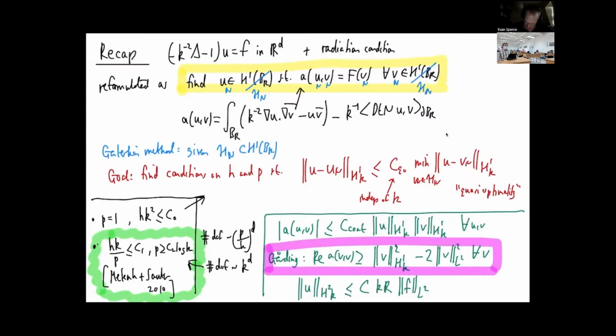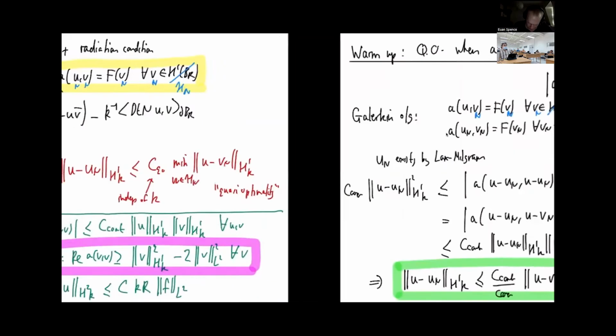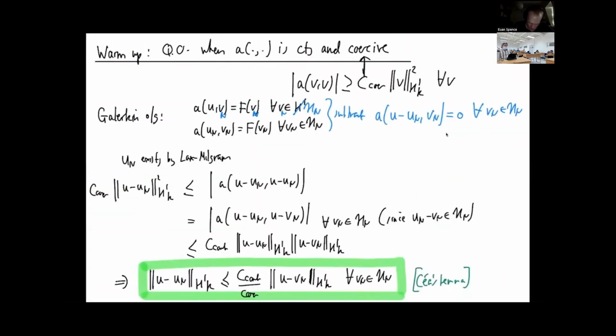Let me highlight it. Okay, so here now, in the Gårding inequality, I just had a constant 1 here. I had now plus 2 times the norm of U minus Uh squared in L2. Okay, and similarly, I had now plus 2 times the norm of U minus Uh squared in L2.